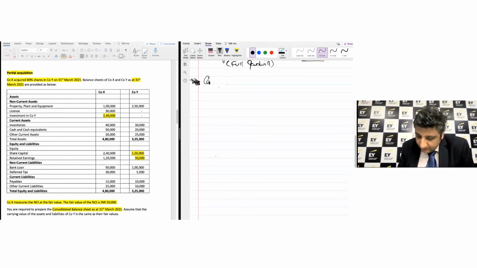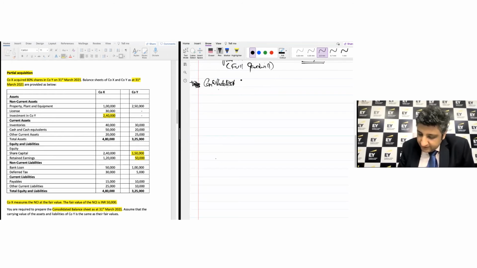So if I were to do my calculations now, I'm simply looking at the consolidated balance sheet of company X as at 31st of March 21.